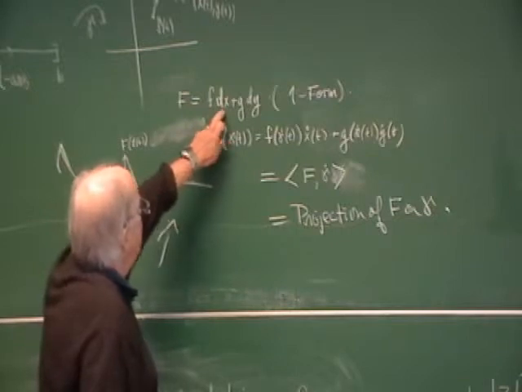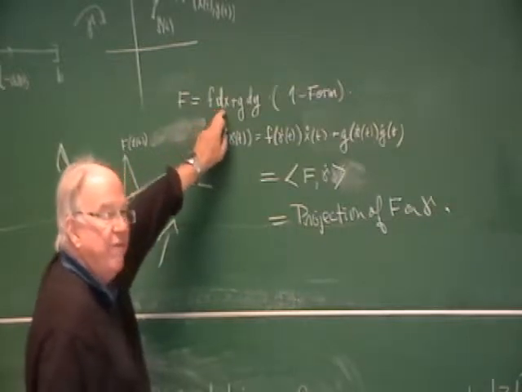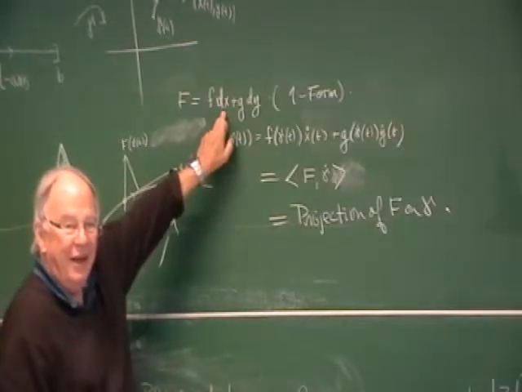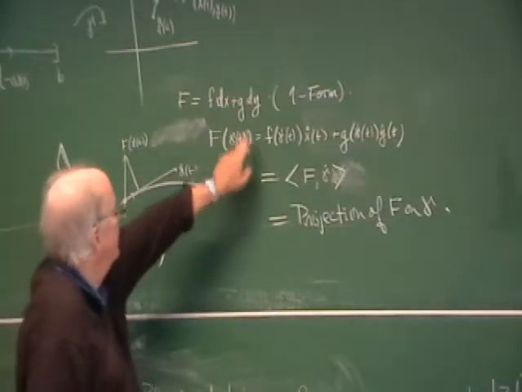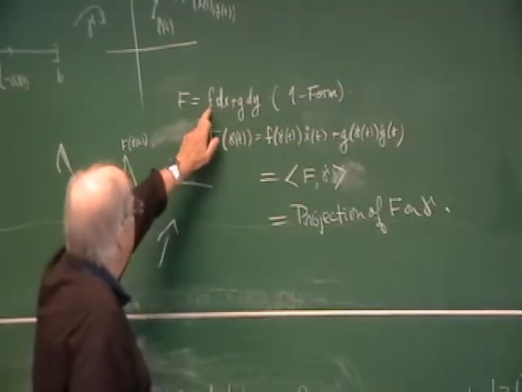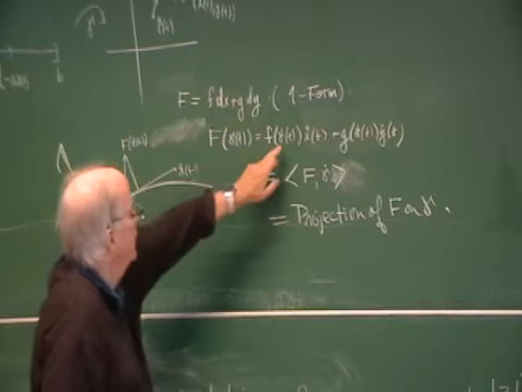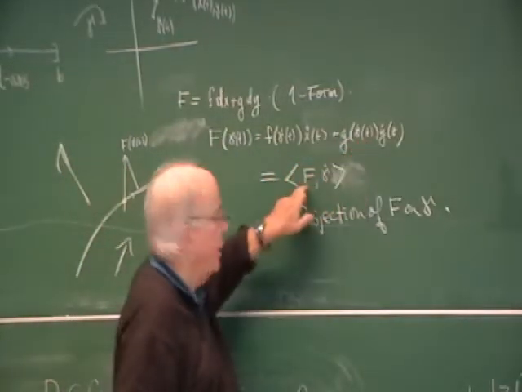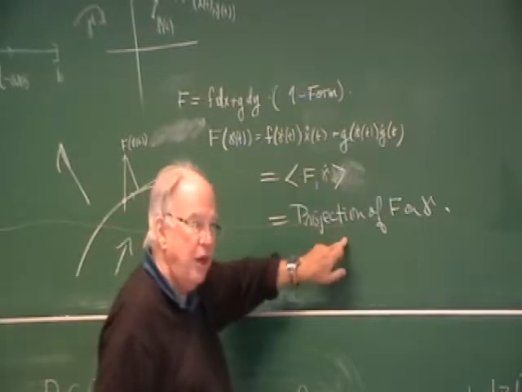And this notation simply means I'm telling you how to evaluate it on a vector, how to project it. This says project f dx, g dy: it's f times the derivative of x, g times the derivative of y. That's the inner product of this thing with that, the projection on that thing.